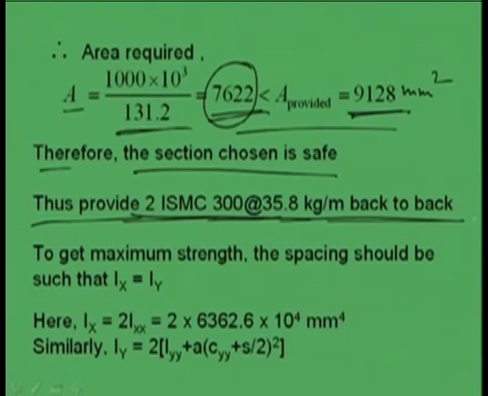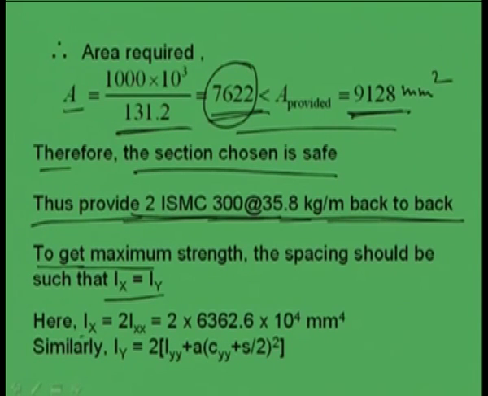For spacing, we will try to find the maximum strength. That means the spacing should be such that Ix will be equal to Iy, so that we get equal maximum strength in both directions.